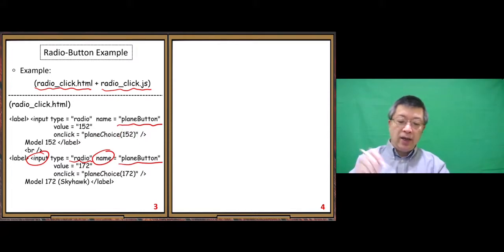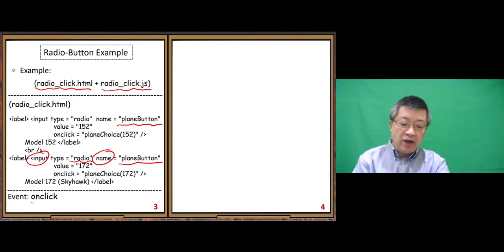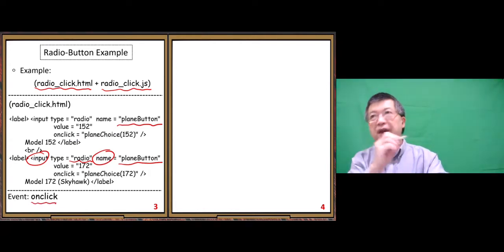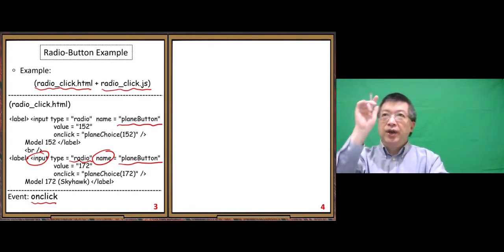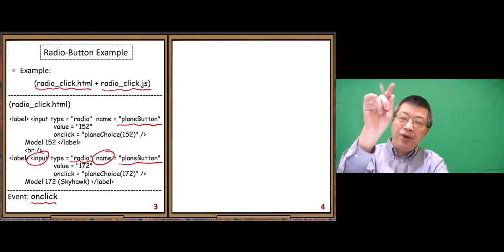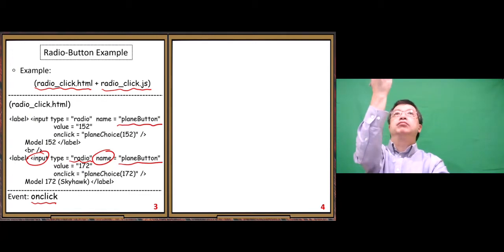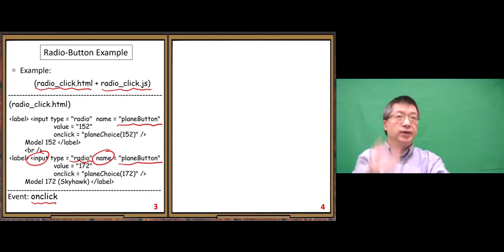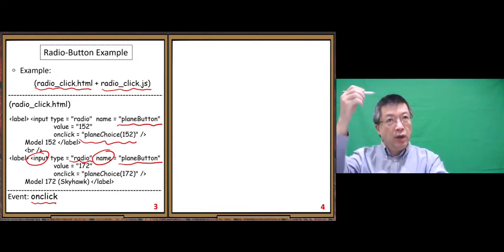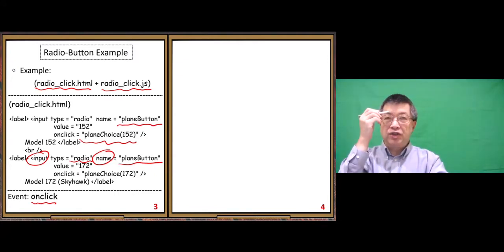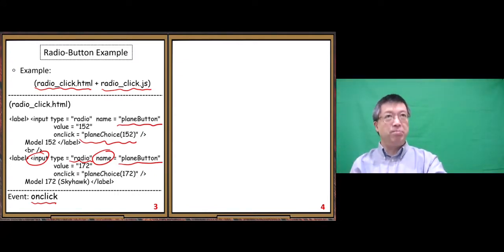Here we use the onClick event, this HTML event. When a user selects or clicks that radio button, this event is triggered. Because we registered the plain choice JavaScript function with this event, this function will be called. So that's simple.